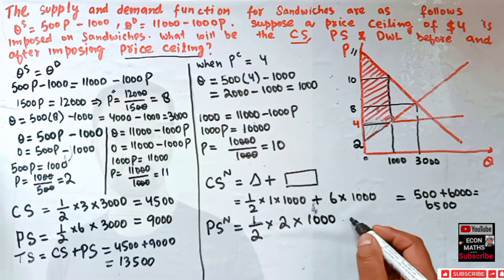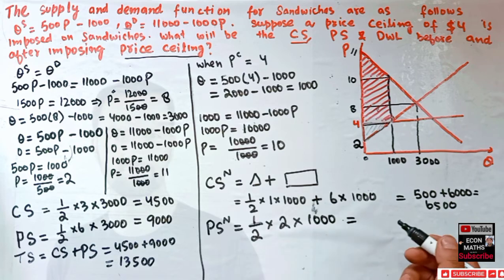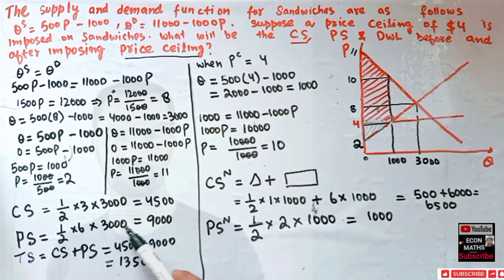So the 2 and 2 get cancelled and we are left with only 1000. So this is our new producer surplus. And we can see here the producer surplus has shrunk from 9000 to 1000, and the consumer surplus has increased from 4500 to 6500.